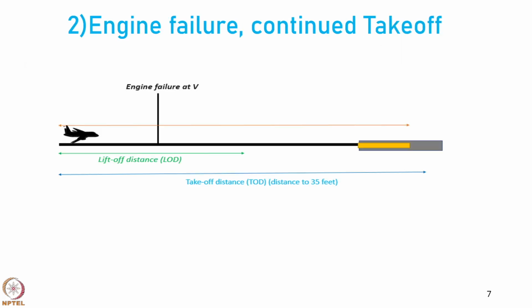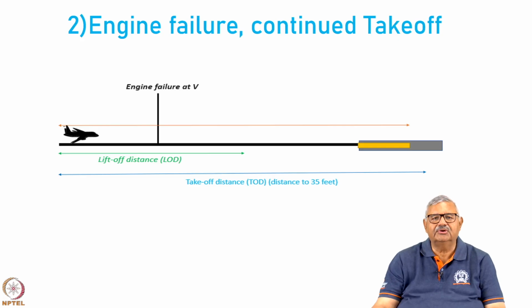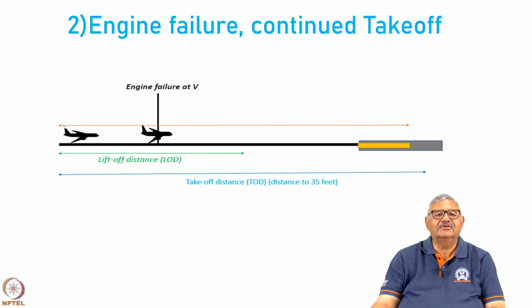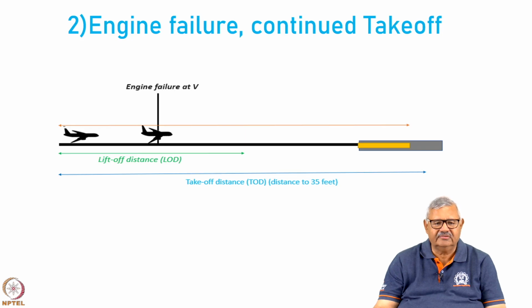The second case is the engine failure case, but in this case the pilot decides to continue takeoff. In this case, the aircraft is at the beginning of the runway and as it travels on the runway for takeoff, it encounters one of the multiple engines failing. Now, in this example, we have shown that the engine failure is detected at the decision speed V1. At this point, the pilot has both the choices.